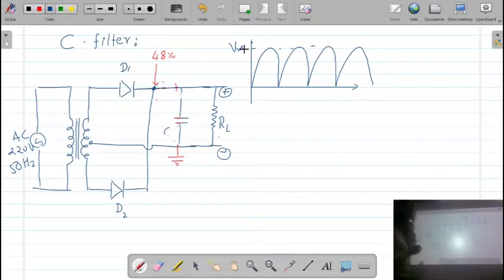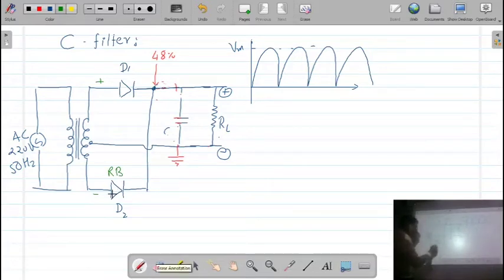Now, if you see how the current is going to flow, during this positive cycle, this diode is going to be in forward bias, and at that time you already know that this other diode is in reverse bias. Means this will work as an open circuit.